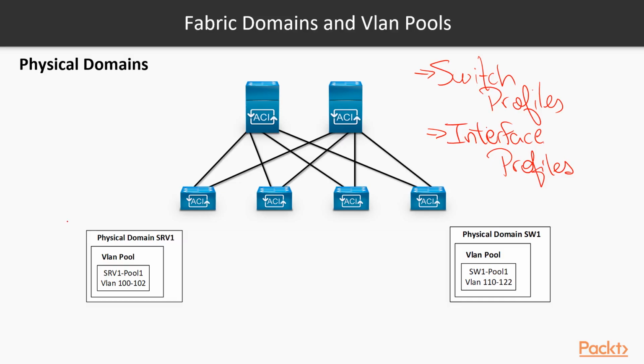So I got this particular object here. This represents the physical domain that we're going to create in ACI. And this physical domain is going to be labeled as SRV1 or Server 1. Server 1 is going to have a VLAN pool from 100 to 102, meaning that I am going to allow VLANs 100 through 102 to this particular server.